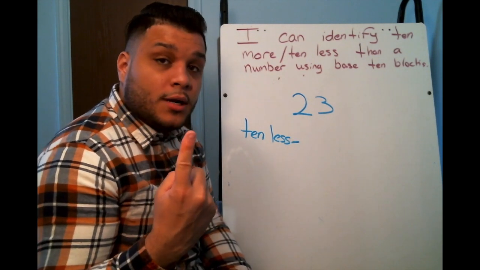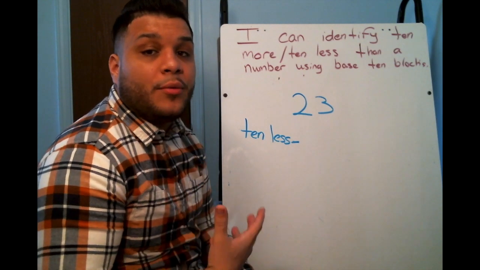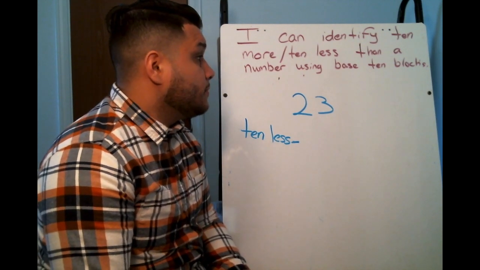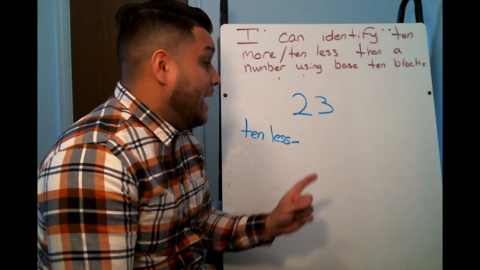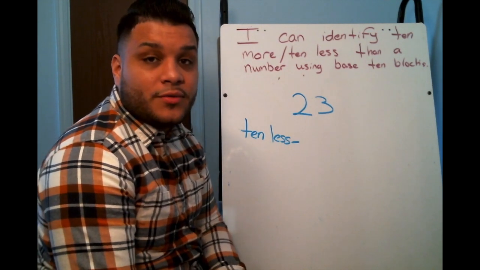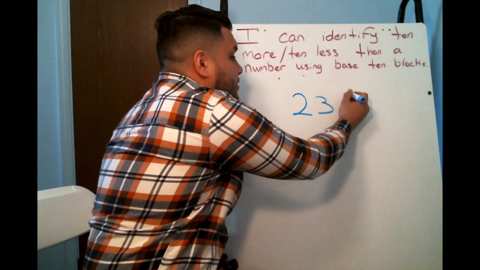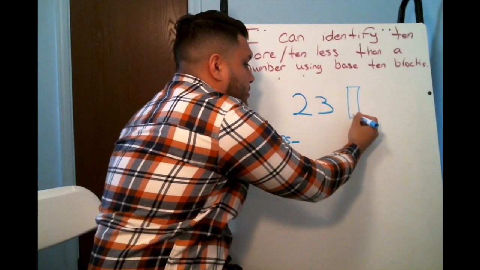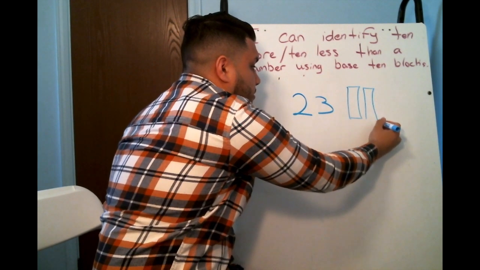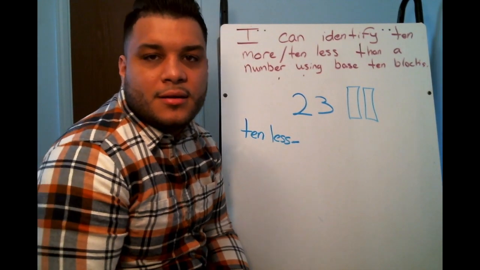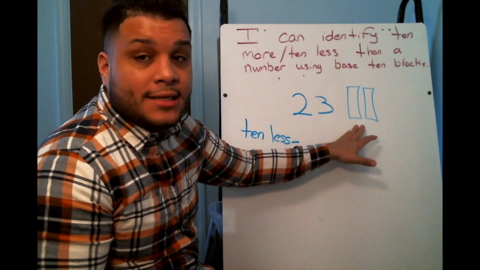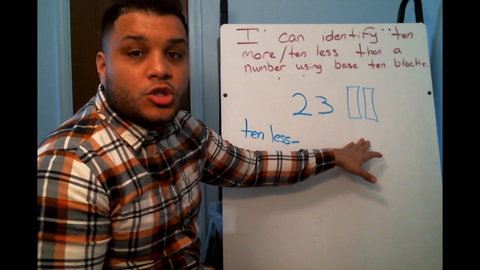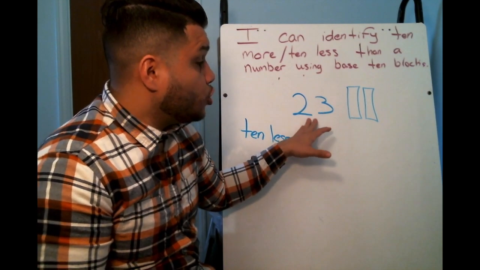Well, step number 1 was first draw our original number. How are we going to draw this? Well, how many 10s do I have in the number 23? 2 10s. Can I stop there? No, I can't stop there because 2 10s doesn't show me 23. 2 10s only shows me 20.